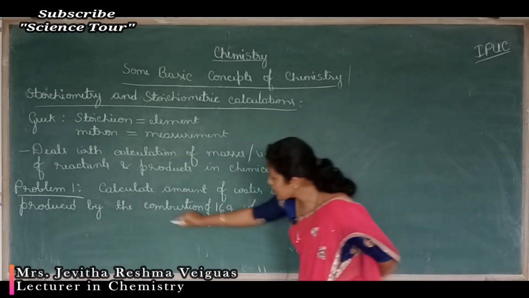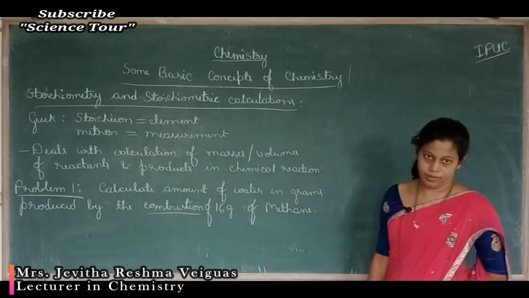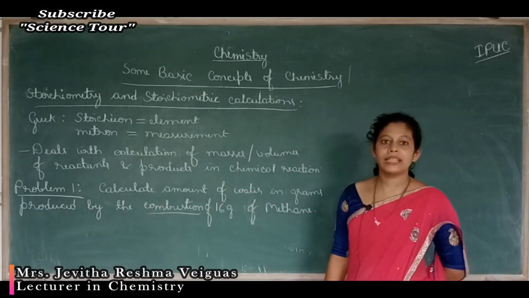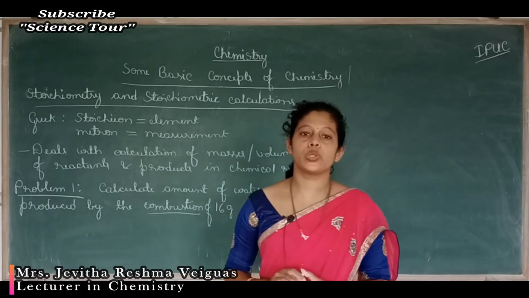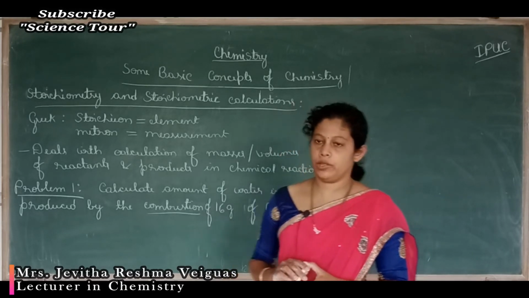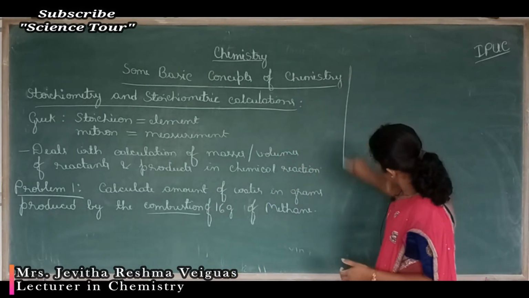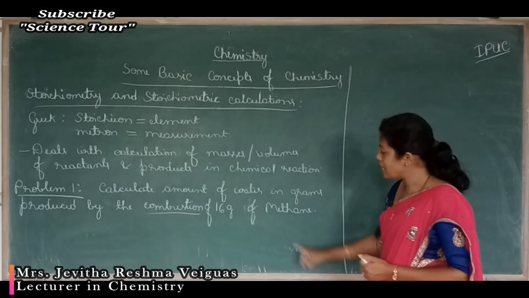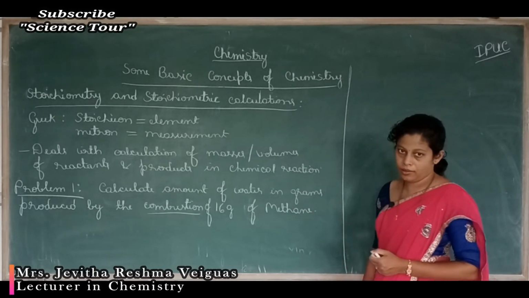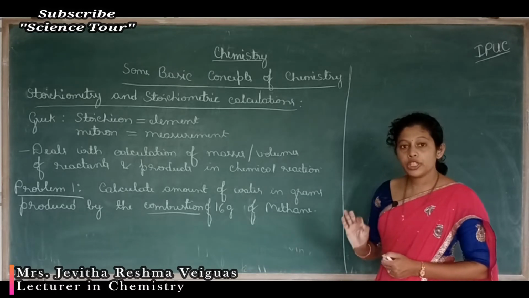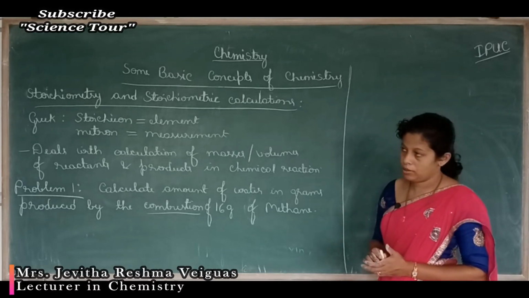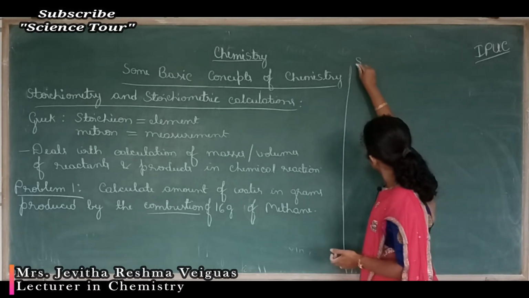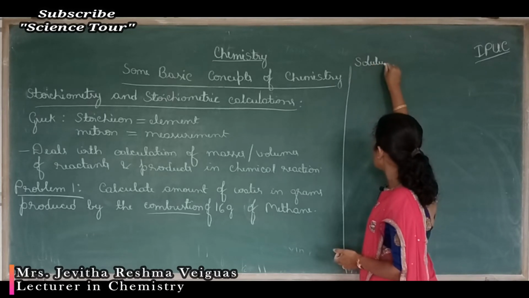Now first let us learn what is meant by combustion. Combustion means burning in presence of air or oxygen. Once again read the problem. What is combusted? It is methane. We should know the formula of methane. So first let's write the formula of methane.